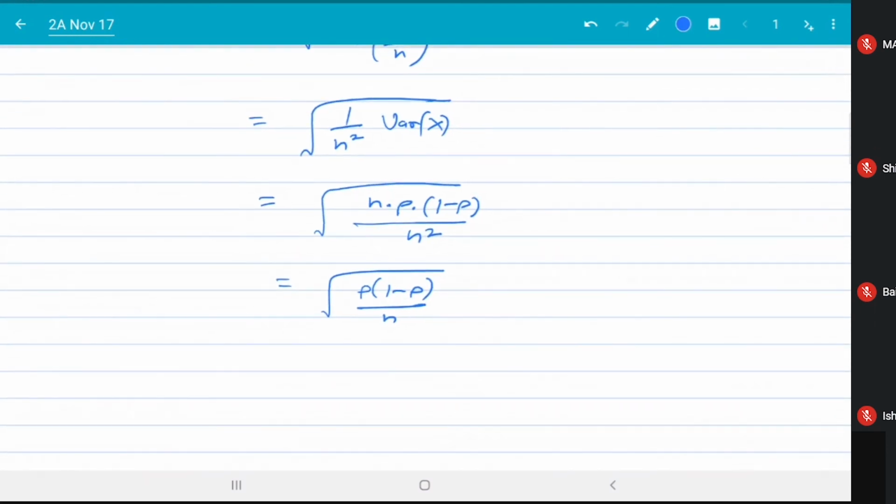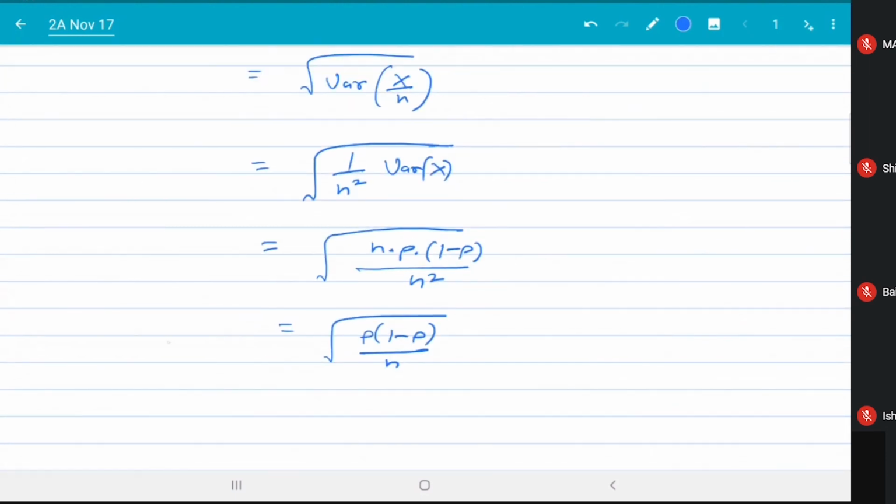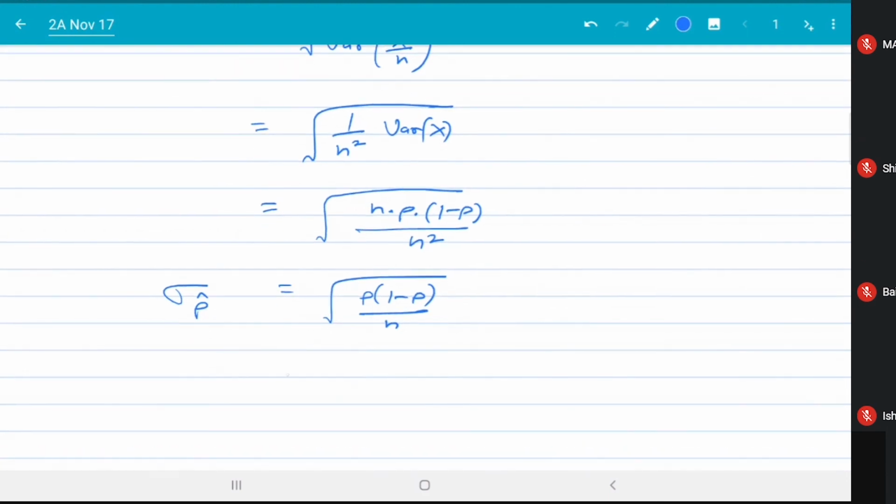So we have this situation. The expression for the standard error of this estimator includes the true population values p and 1 minus p. Obviously we don't have them, otherwise why would we bother?